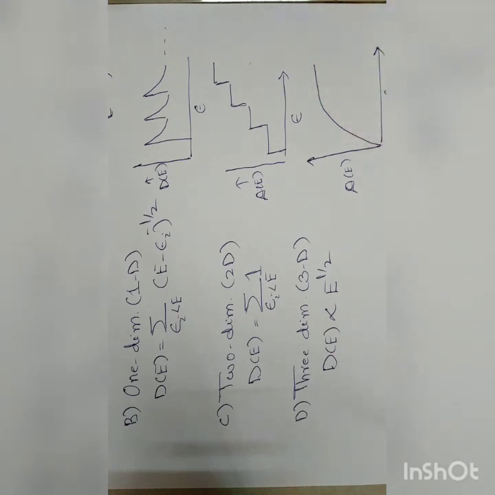What is more interesting is that if we start from 0D, 1D, 2D and bulk, which is 3D, you can see there is a significant modification in the density of states. Hence, when we convert bulk material to various types of nanomaterials, 2D, 1D and 0D, the density of states is going to get significantly modified.